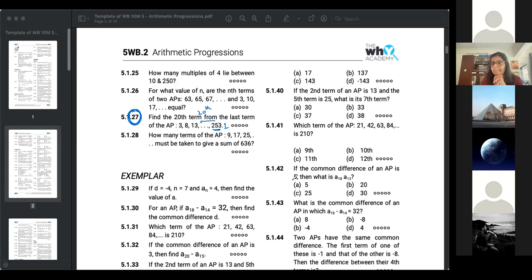Ma'am, for this question, we'll take 253 as A, right? Correct. So, reverse order, the last one will become the first term. Good. So Puneet, Neki, Elena, and Aditya have sent the correct answer. Anirban, can you tell me what you've taken for A and D? Because I have a suspicion. Ma'am, A is 253, D is 5.